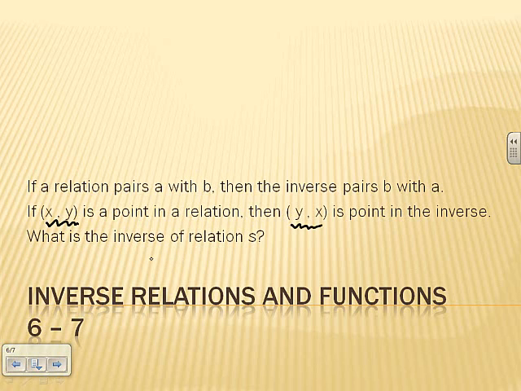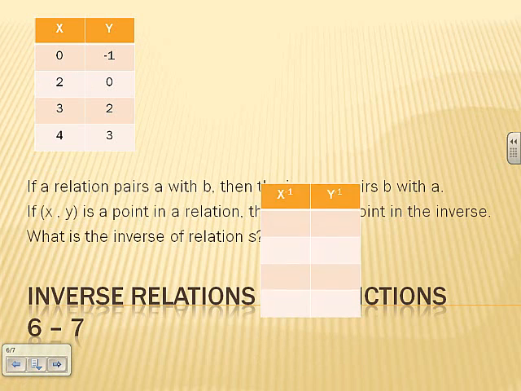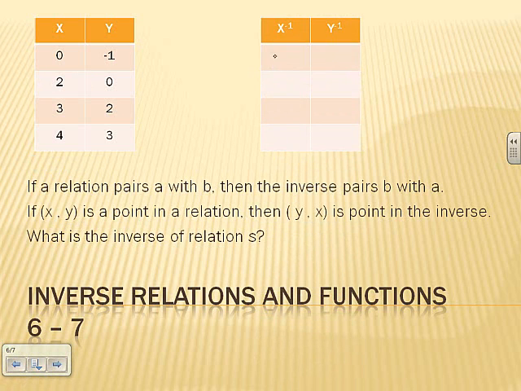So all the y values become the x values. So if we look at a table example, if this first table represents our relation where every x is paired with a y value, then the inverse of the function would look like this, where we switch x and y.